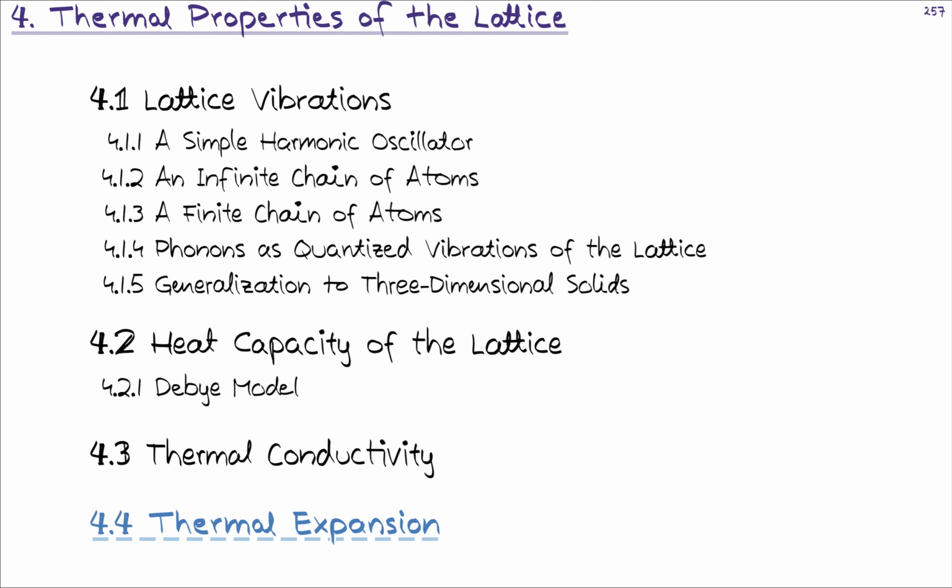So this is what we will do here. We will formulate a treatment to understand thermal expansion from the macroscopic point of view, and then we will look into the microscopic potential as a kind of originator of this nonlinearity.